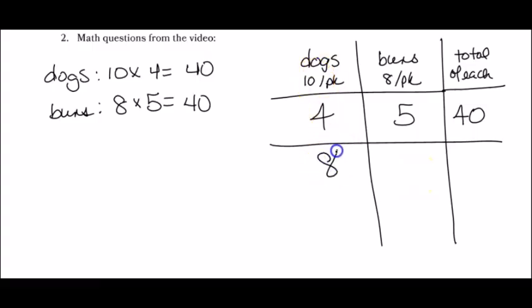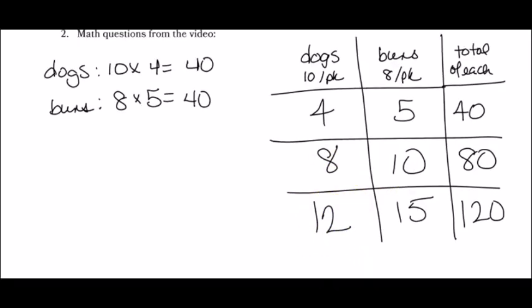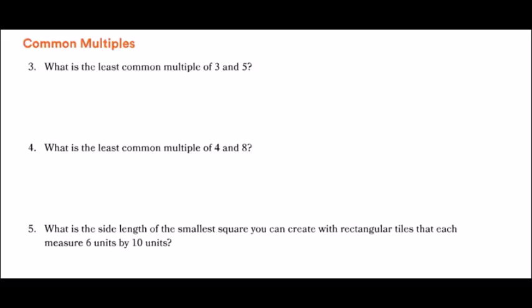If she buys 8 packs of dogs, she'll get 80 dogs. And if she buys 10 packs of buns, she'll get 80 buns. So you can see there's more than one answer and more than one way to approach this. Another multiple would be 120, which would be 15 packs of buns, or 12 packs of hot dogs. So today's focusing on least common multiples.